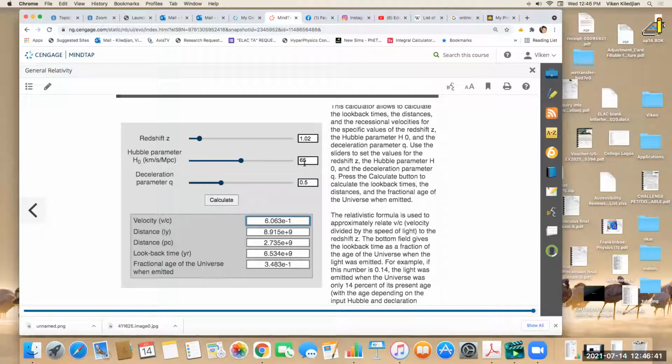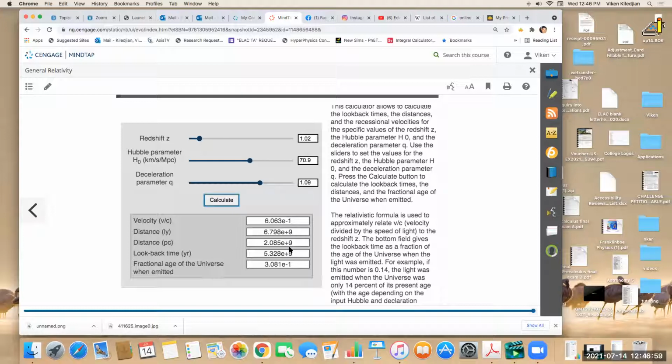But it all depends on the Hubble constant. If I put the Hubble constant as 70, then say calculate, the numbers change slightly. And if I put the deceleration parameter different and say calculate, that also changes the results.